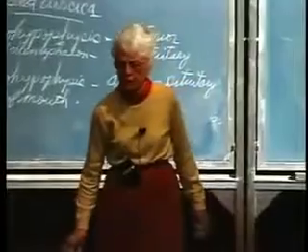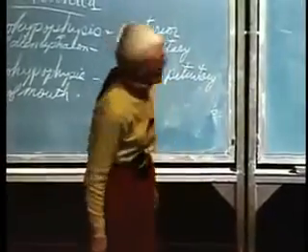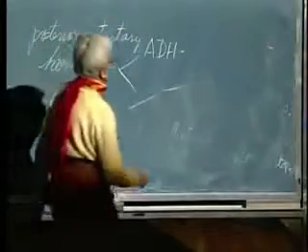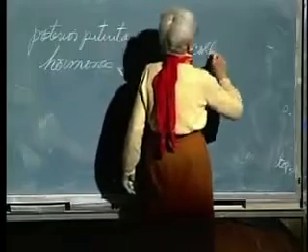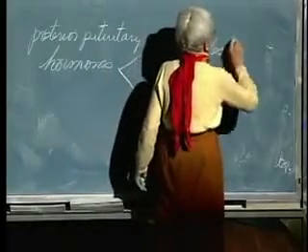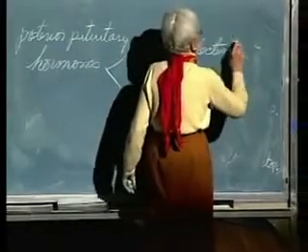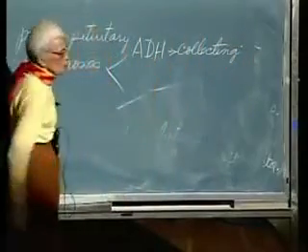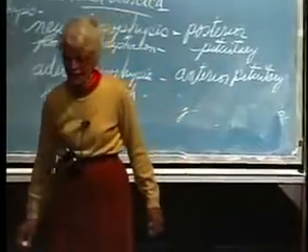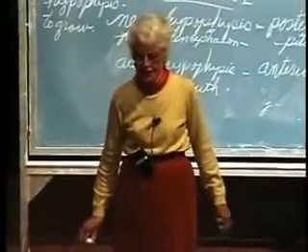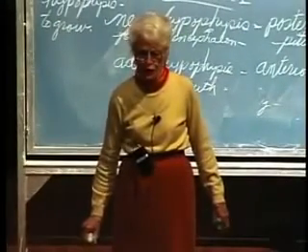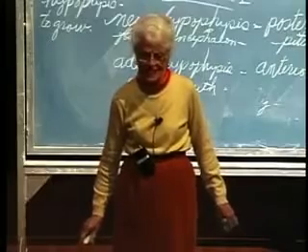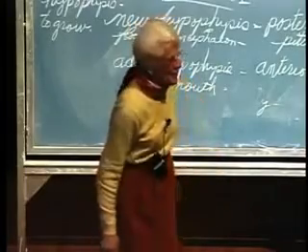Where's the antidiuretic hormone acting? Collecting duct. Good for you. What do we call the condition when we don't have antidiuretic hormone? Water's passing through. What did we say it was? Diabetes insipidus. Good for you.